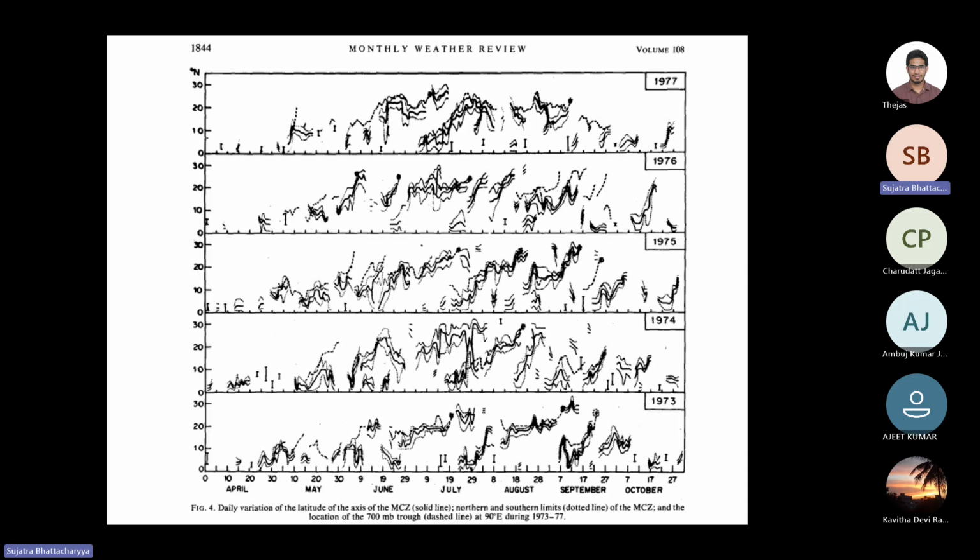And then she looked at individual years, and you can see here these 5 years of data. She plotted the variation and showed how many times this ITCZ moves north. Okay? And so this was a major breakthrough in thinking.